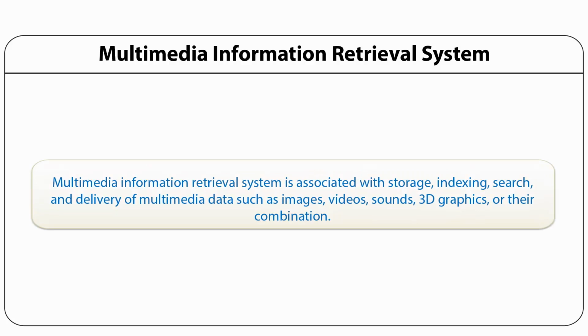In this slide, we are going to discuss the definition of a multimedia information retrieval system. A multimedia information retrieval system is associated with storage, that is retaining the data for further use; indexing, marking the data with some descriptors; search, to provide the facility to retrieve the stored data; and delivery of multimedia data such as images, videos, sounds, 3D graphics, or their combination.